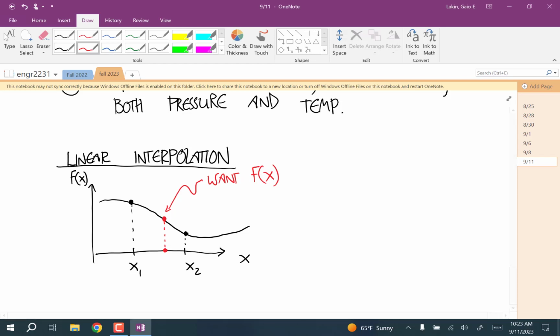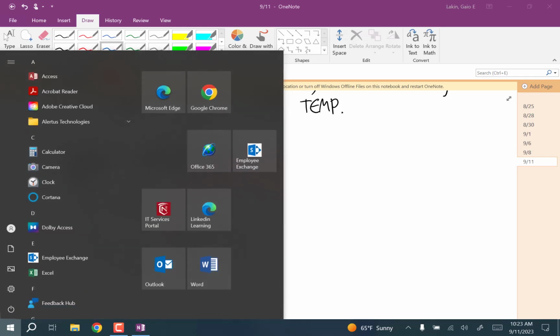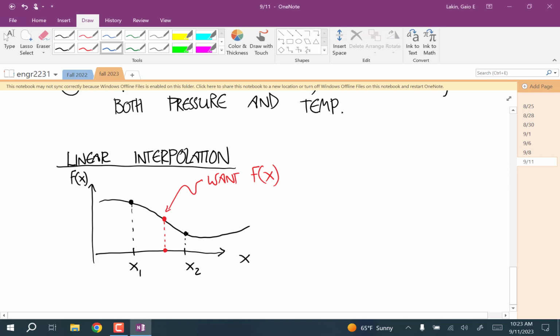Well, in order to do that, you imagine that the function between x1 and x2 is linear. And based on that linear function, you calculate the value on that line at that point. That's that blue dot.